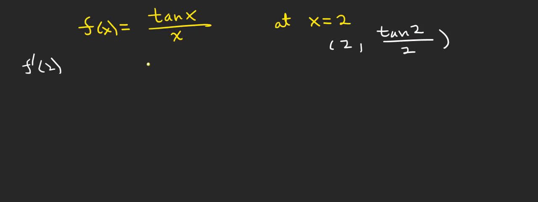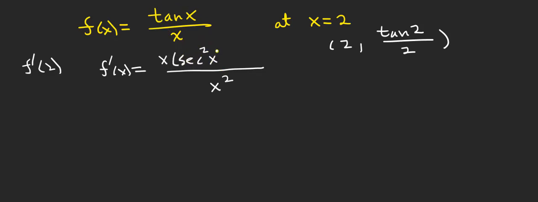So let's find f prime of 2 to find the slope. We got to find the derivative. And it looks like we have to use the quotient rule. So denominator squared, denominator times the derivative of the numerator, which is secant square x, minus the numerator times the derivative of the denominator, which is going to be just 1.